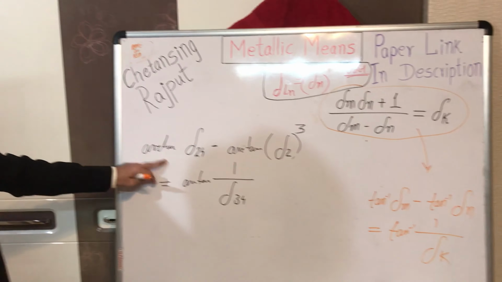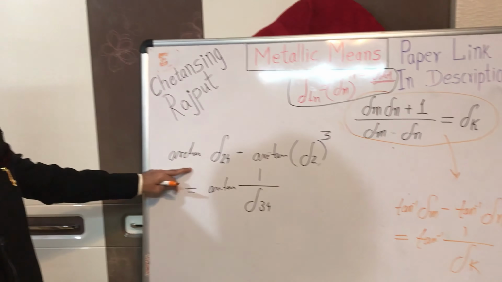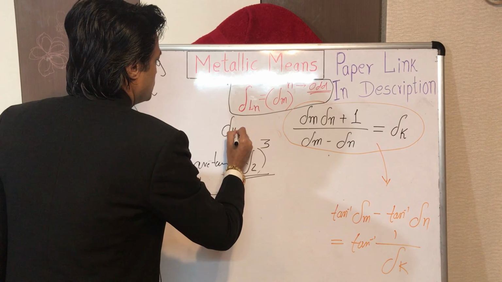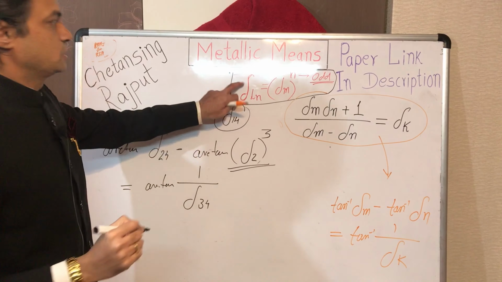This is the trigonometric form of the very first equation, and this value, the cube of the silver ratio, is nothing but the 14th metallic mean from this equation.